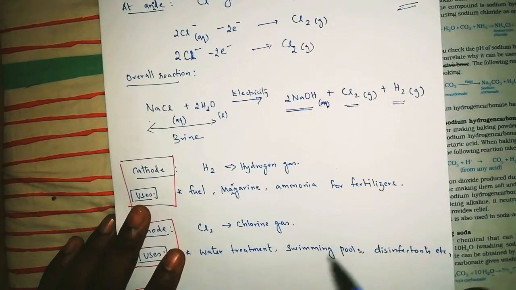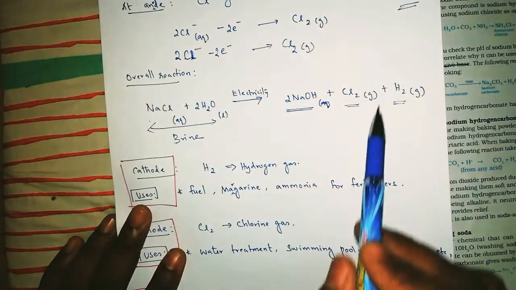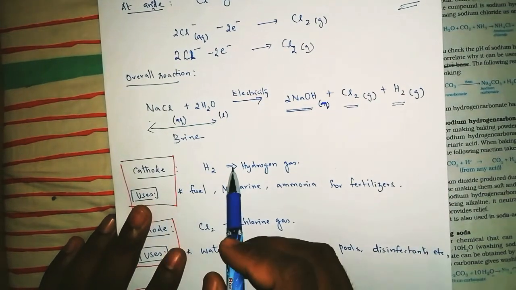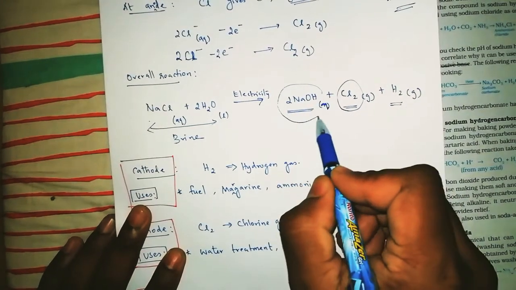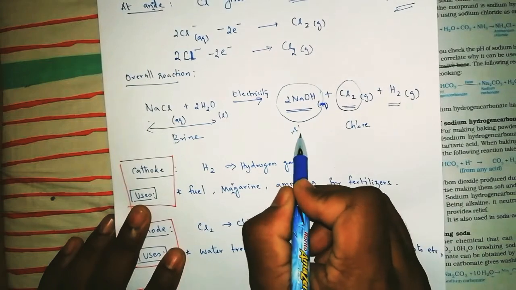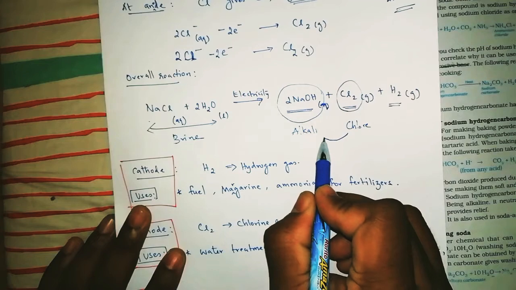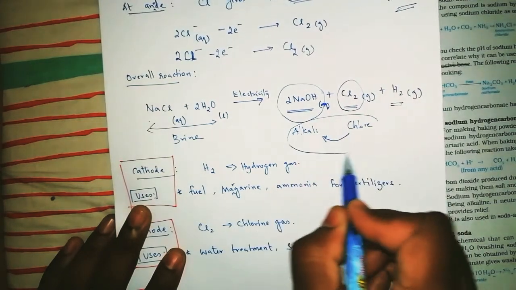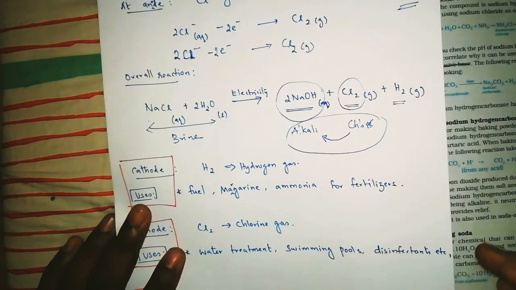Now tell me, what is the reason why they say that this process is the Chlor-Alkali process? Because chlorine is formed and one alkali is formed. This is chlor and this is alkali. Alkali means what? A base. So that is why it is said to be the Chlor-Alkali process. Understand all of you? Right.